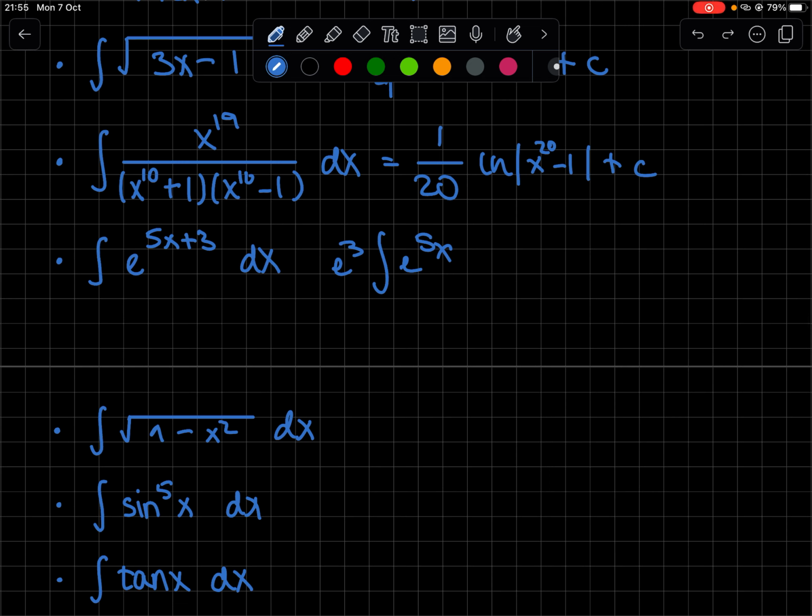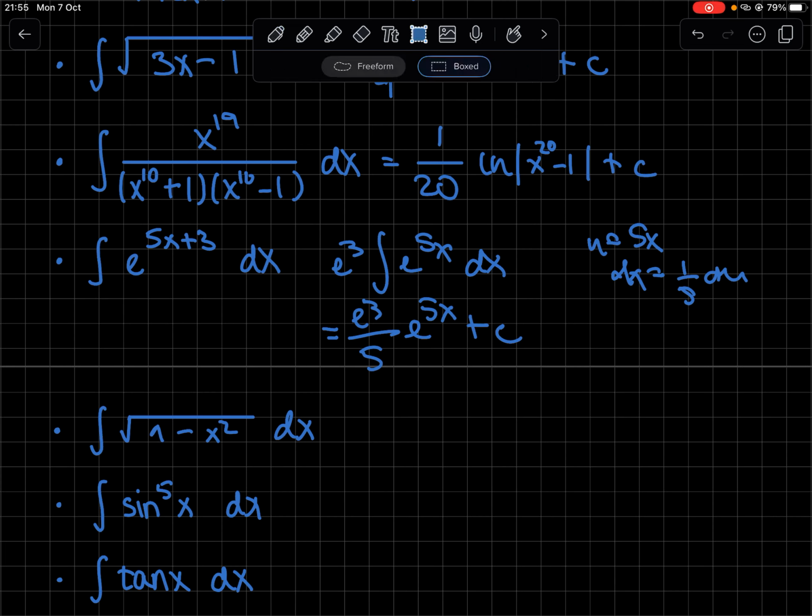We only have e and 3, both constants, no x's. dx, of course, we're going to say u equals 5x, and dx is going to be 1 over 5 du. So we're going to get e cubed over 5 e to the power of, I'm already integrating, it's going to be e to the power of u, but then we replace u by 5x plus c. Yeah.